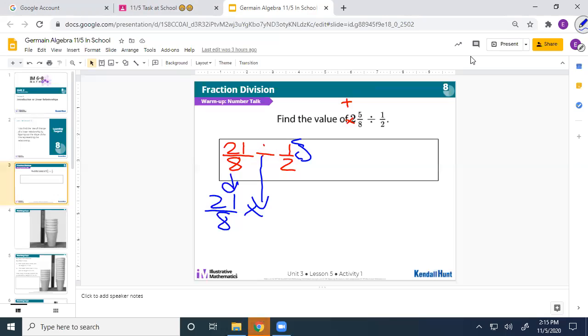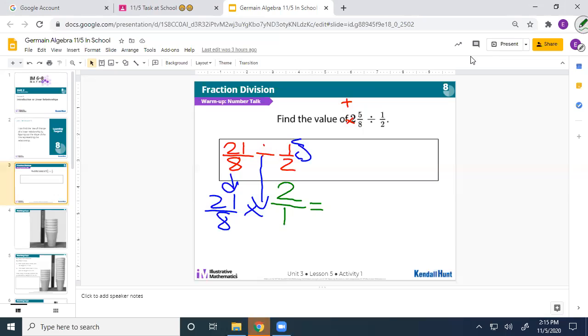Reciprocal or reciprocate. Okay? Can you guys at home hear me now? Throw it in the chat. Reciprocate, which means we write it as 2 over 1. Thank you, Eric. So I have keep, change, flip.